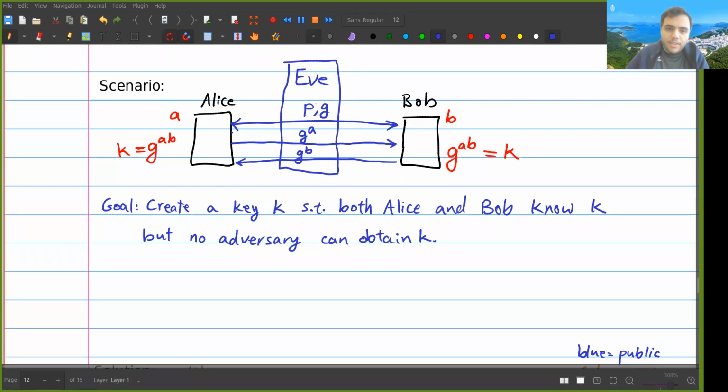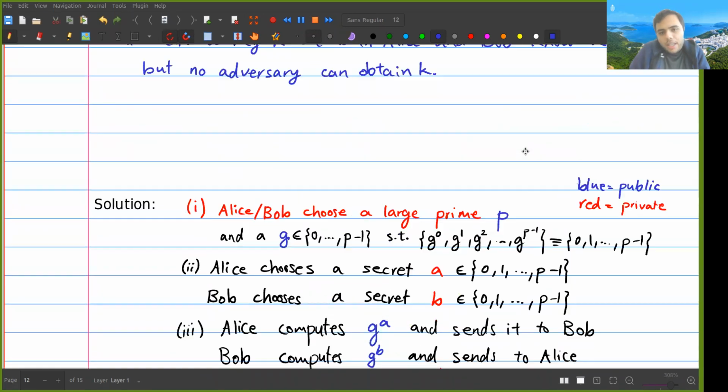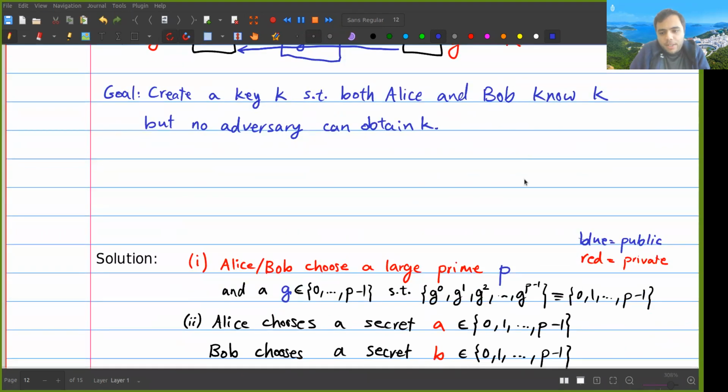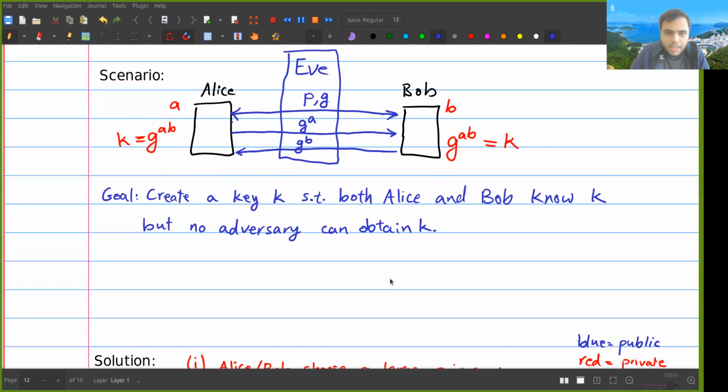We want to say that not only Eve cannot compute A, but Eve cannot know anything about A by just seeing G to the power of A. And if G has this property, then when Eve sees G to the power of A, she can't know anything about A. A can be anything between 0 to P minus 1, right? Because G's powers can be anything. So again, this is just to give us a bit more security.